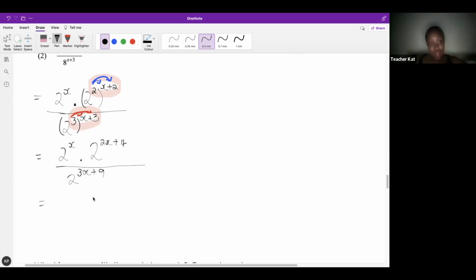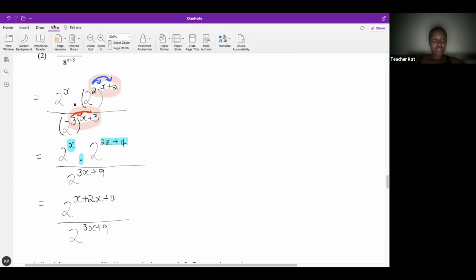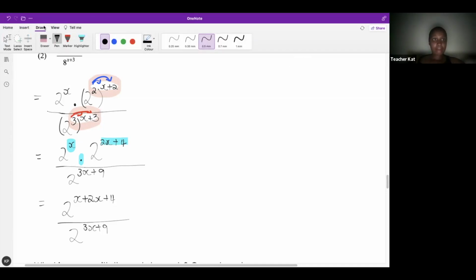Multiply first. Okay, let's multiply in the numerator first. When you are multiplying, what are we going to do with my exponents? I'm going to add them. So in my numerator, I'm going to have 2 to the power of x plus 2x plus 4 over 2 to the power of 3x plus 9. Let me put a little page division here so that you guys can see.